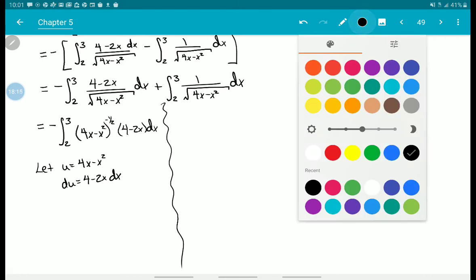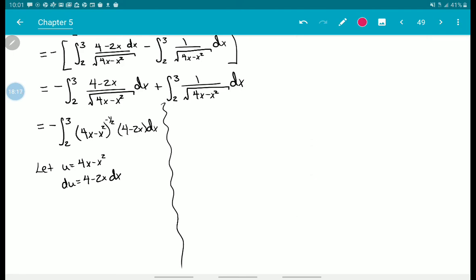So that's kind of where we started, by saying, what if we let that radicand, the stuff under the radical, be u. So there's our du, there's our u. So this would end up being u to the negative 1/2 times du. And let's figure out those bounds.